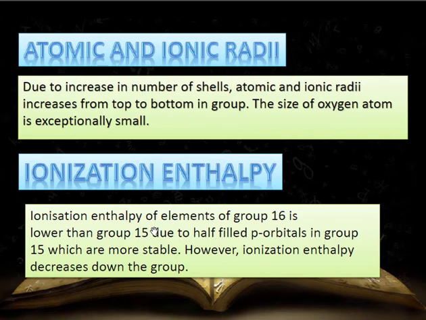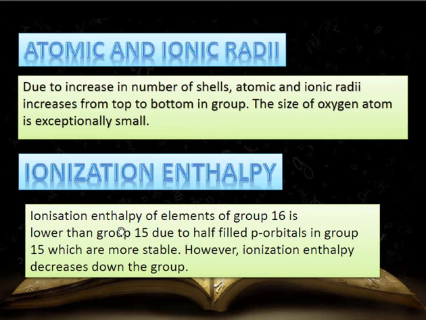In previous classes I have discussed that only those elements are stable which have a half-filled electronic configuration, a half-filled orbit in the last shell. Also, it is stable if it is full-filled. Only two conditions: half-filled or full-filled. Otherwise, it is not stable.